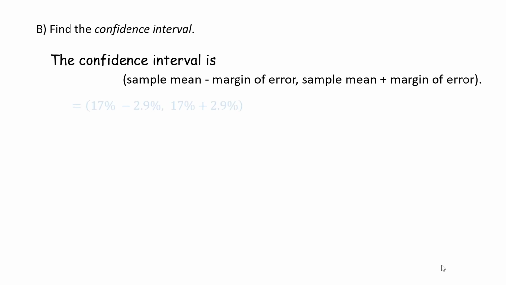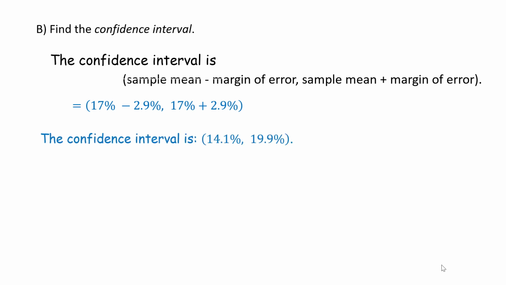Putting in the numbers, 17% minus 2.9%, comma, 17% plus 2.9%. Perform the arithmetic and you get the confidence interval is 14.1% to 19.9%.